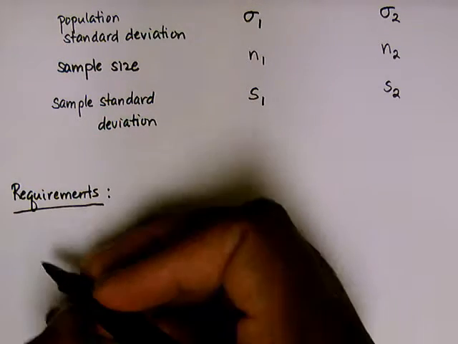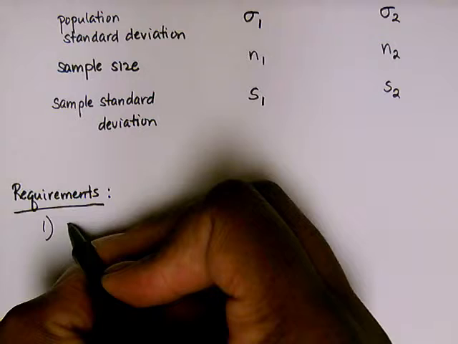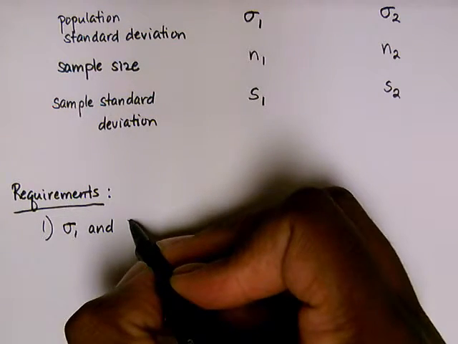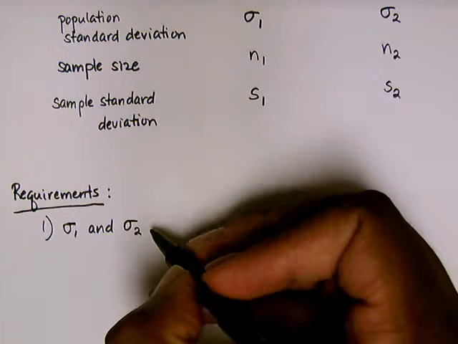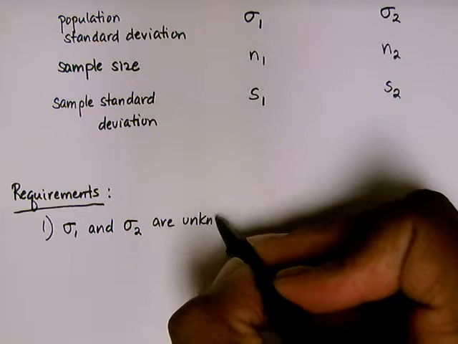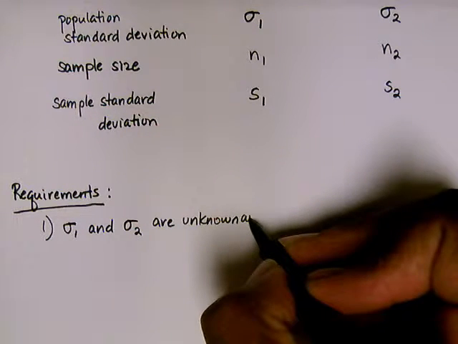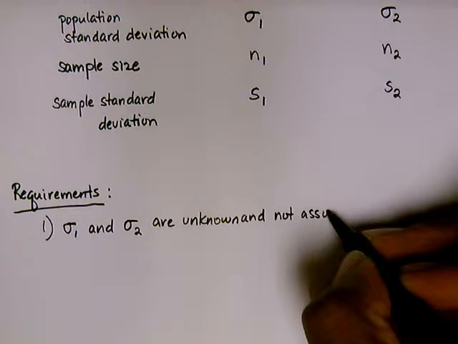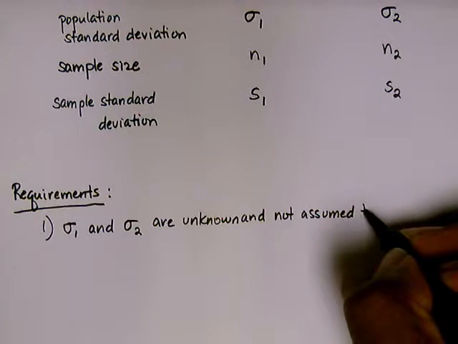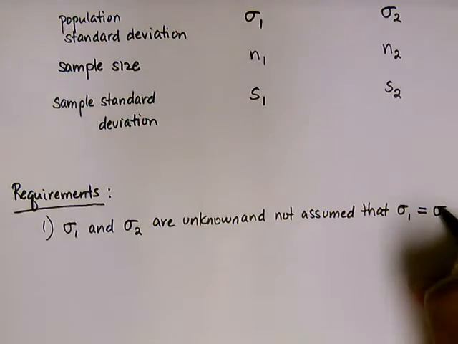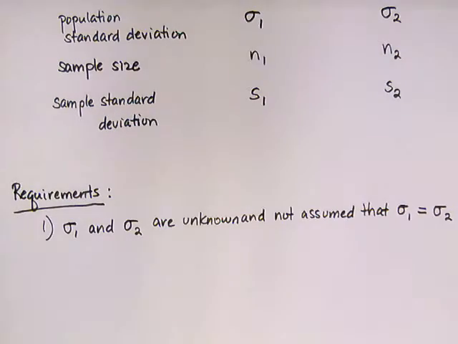The first requirement is this: the standard deviations of the first and second populations, sigma 1 and sigma 2, are unknown and it is not assumed that sigma 1 equals sigma 2. That's the first requirement.